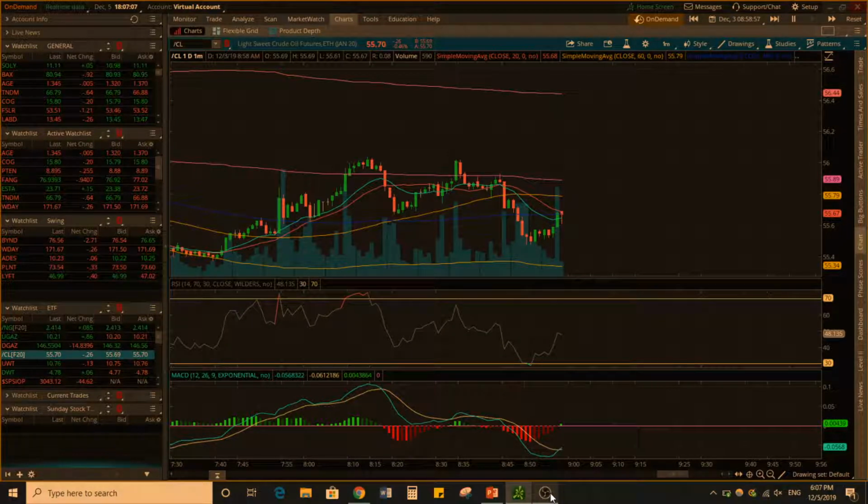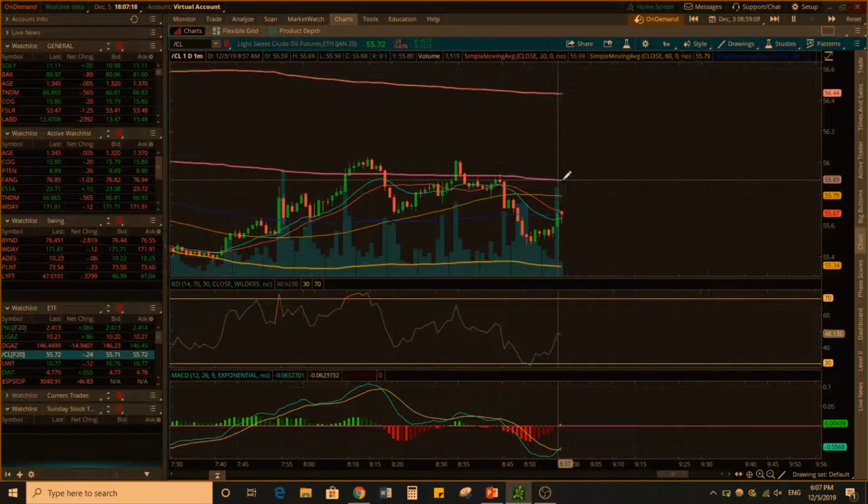But I mean, the MACD looks good. It looks like CL could keep going up. RSI not as good. But if this does go back to this purple VWAP, then I might want to ride this back down on DWT.